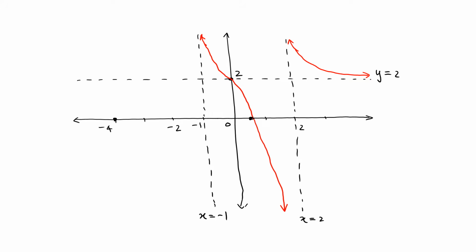So that's the zero over there, and this is the other zero over there, and then at this corner, you can see that the graph goes to infinity and then passes through the zero. So it's going to go like this. Good.